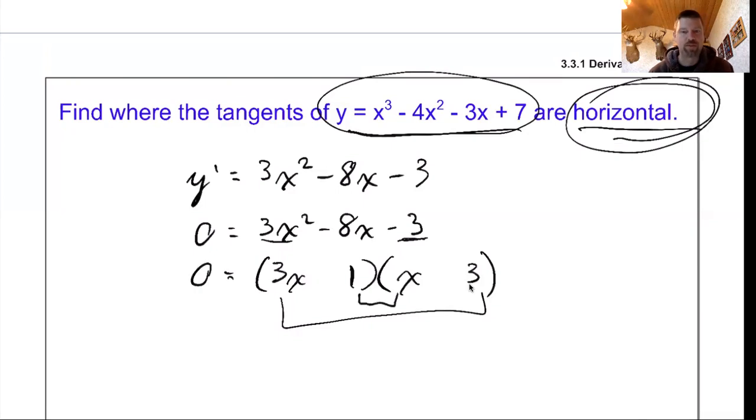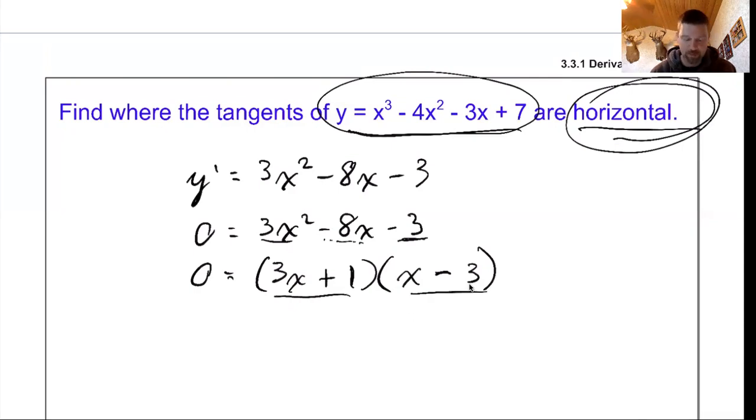Those 2 times each other is 1x. 9x and 1x can get to negative 8x as long as the 9x was negative and the 1x was positive. This one is factorable. Oops, lost some of my work. All right, which means since 0 is equal to that times that, one of those has to be equal to 0. If this one was 0, x would be a negative 1/3.